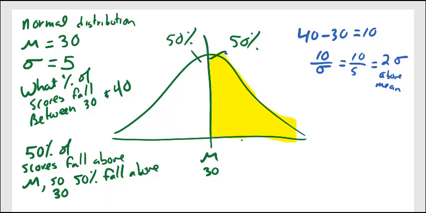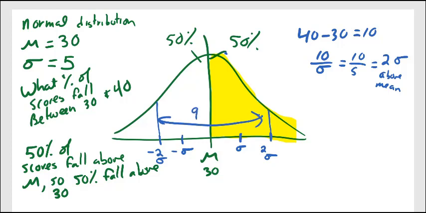So if right about here is 1 standard deviation above or below, and over here would be 2 standard deviations above or below, well, again, from my empirical rule, I know 95% of my scores are going to fall within these.